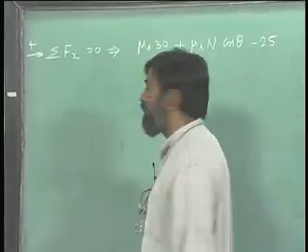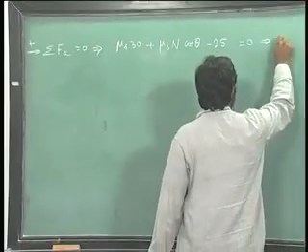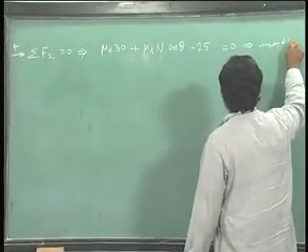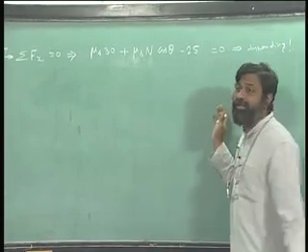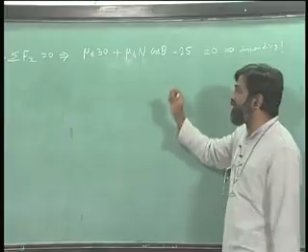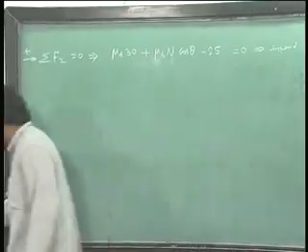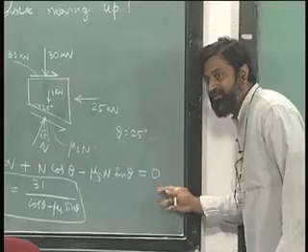If this is equal to 0, that implies impending. Please remember what I have written here. This is a very important thing that we have to remember. If there is an impending motion, that is when I take it to be 0.